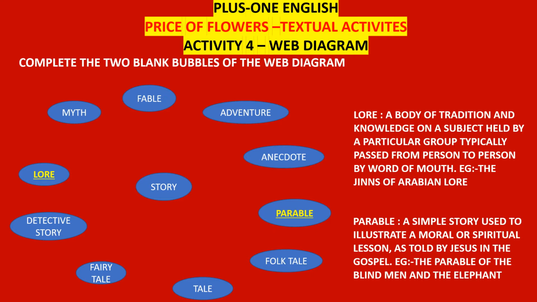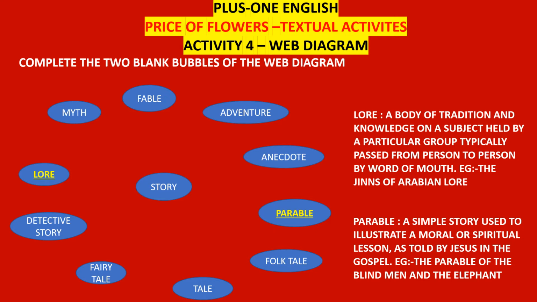There we can write parable. Then comes a folk tale, tale, fairy tale, detective story. Then the blank bubble in the web diagram, there we can write lore, L-O-R-E. Then again comes a myth, fable, adventure, anecdote, like that it goes.